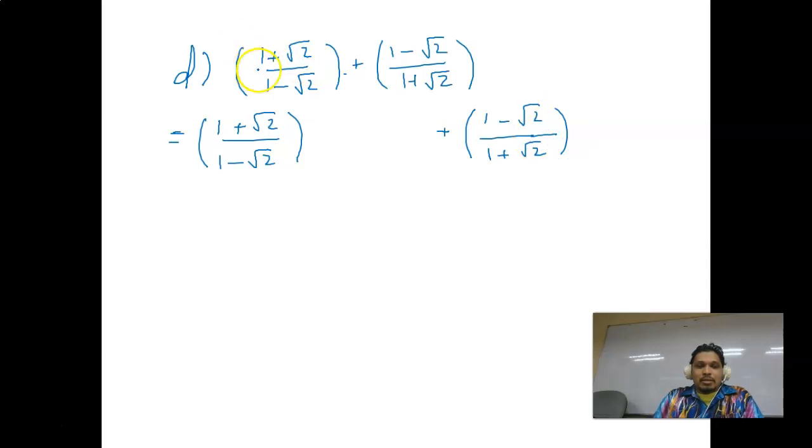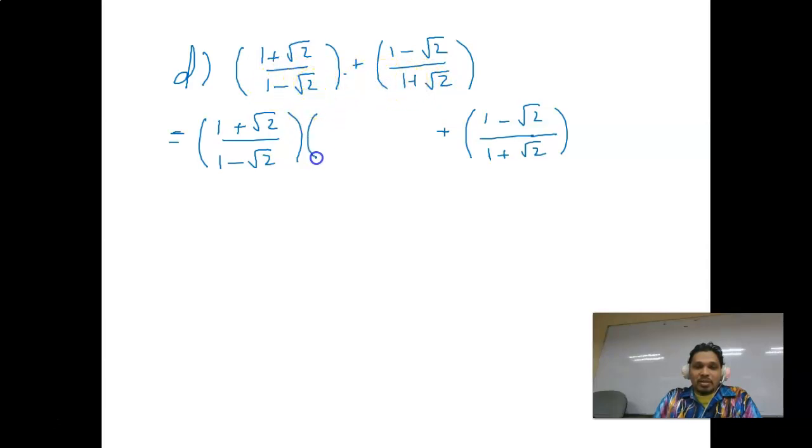I designed the question here. Look at these two, 1 minus square root of 2 and 1 plus square root of 2. We consider 1 plus square root of 2 as a conjugate of the expression 1 minus square root of 2.